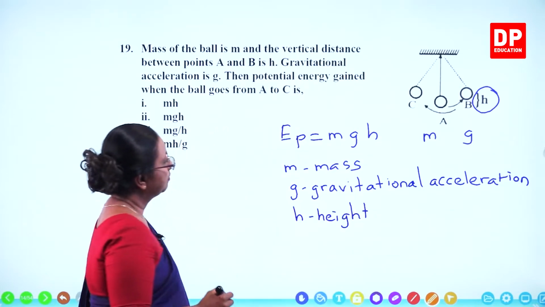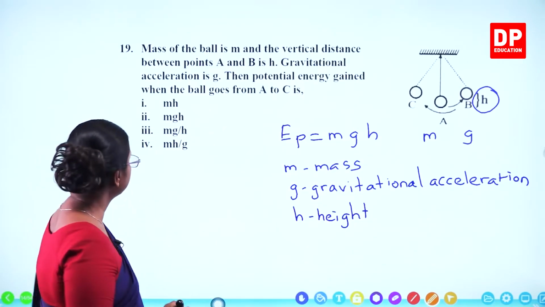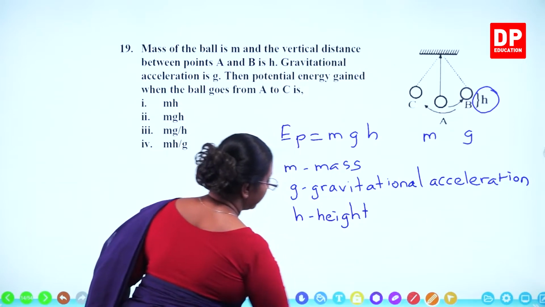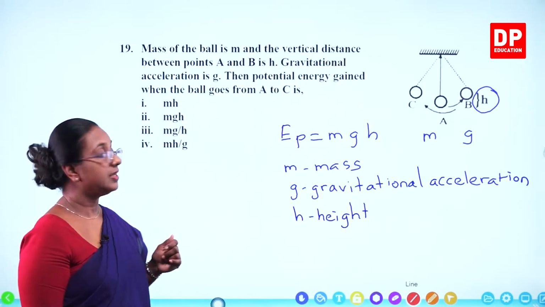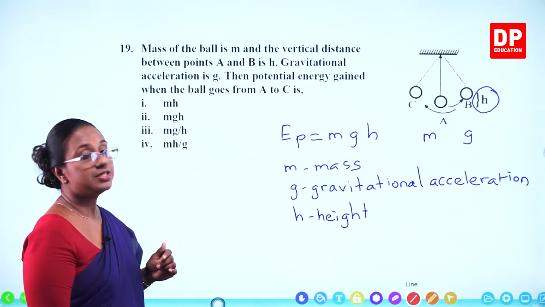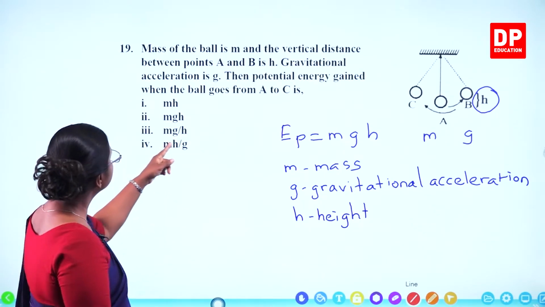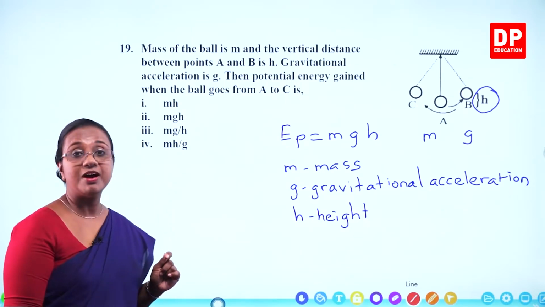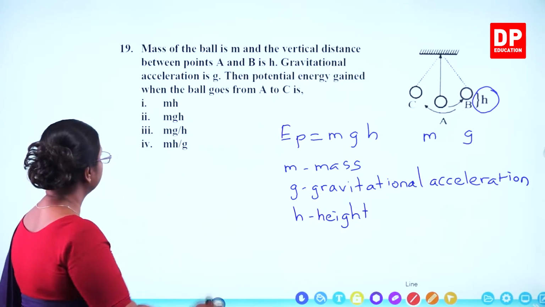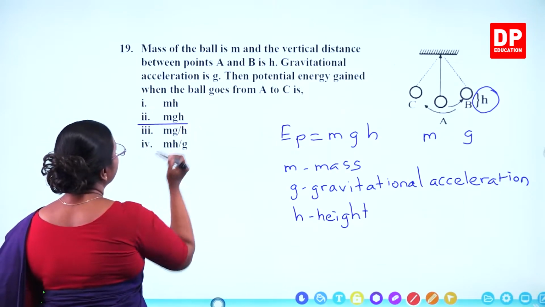So E potential is equal to mgh. That is the answer we need to find. First one, mh, mass into height. It is not correct. Mgh, yes, it is correct. Mg divided by height, that is also incorrect. Mh divided by g, that is also incorrect. So it should be mgh.